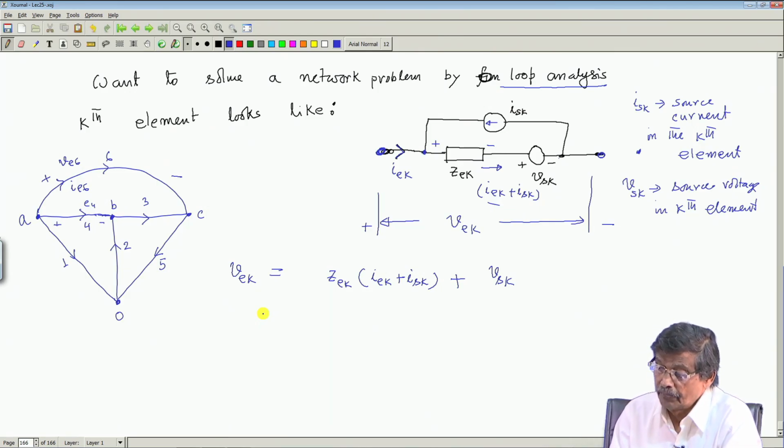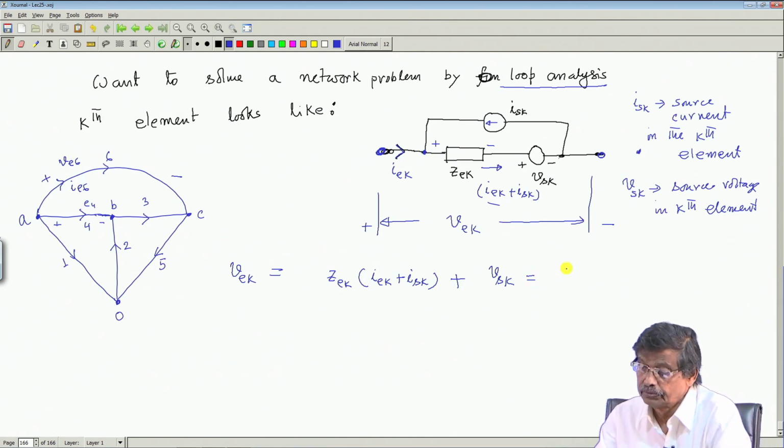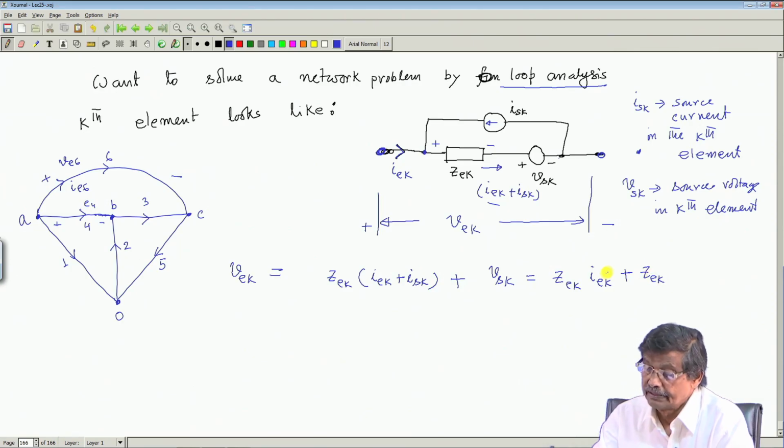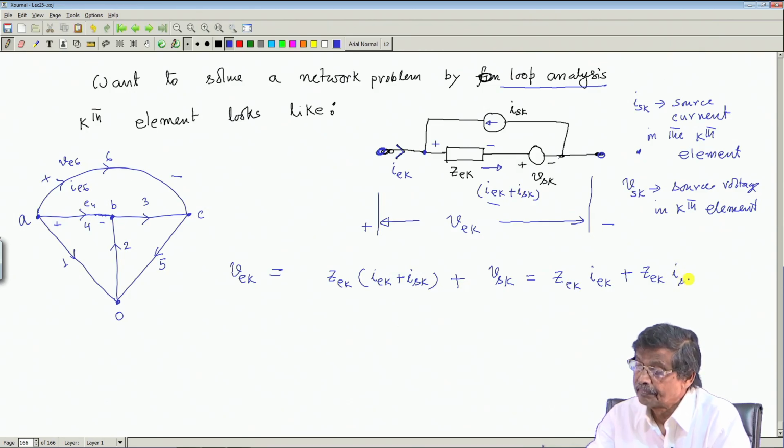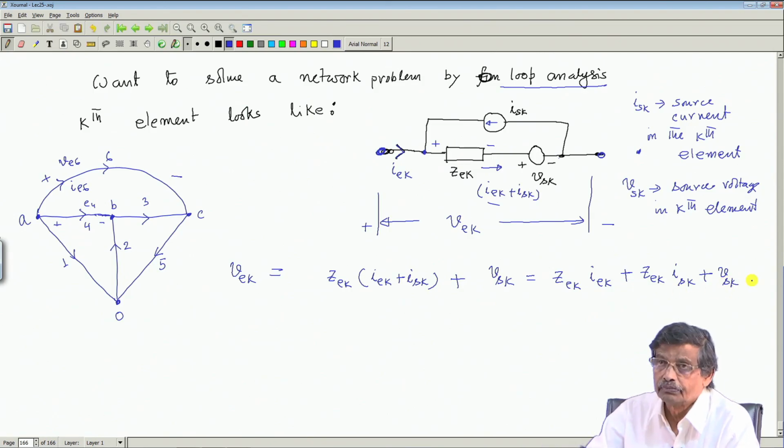So what I will do is this: this is VEk, and this can be broken up into two terms, that is ZEk into IEk, plus ZEk into ISk, plus VSk. Mind you, IS and VS are source voltages, they will be known.